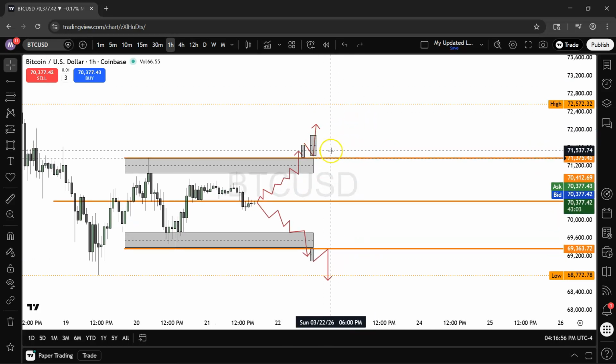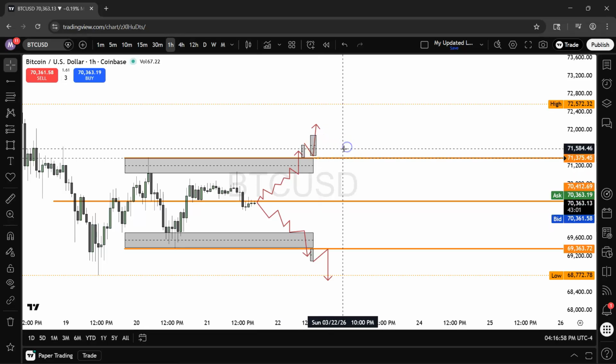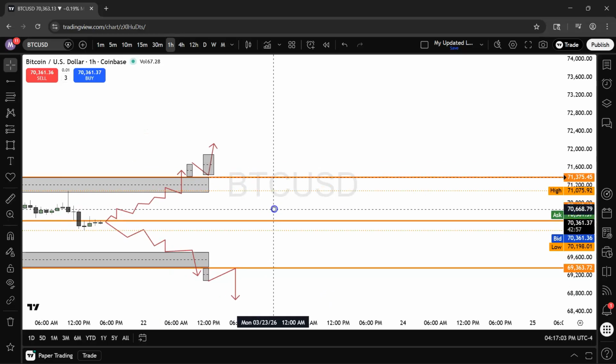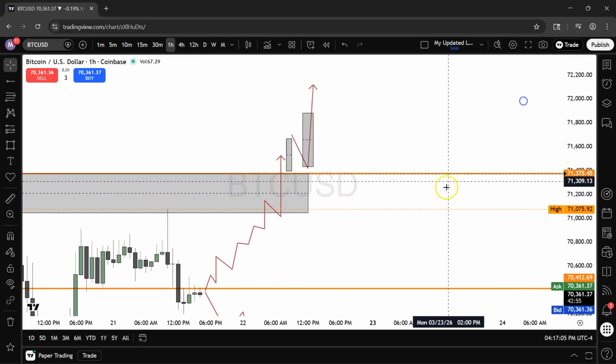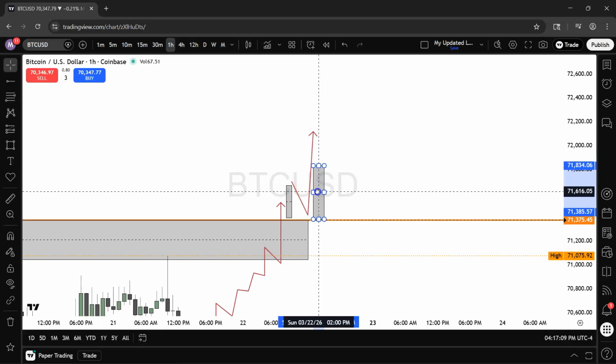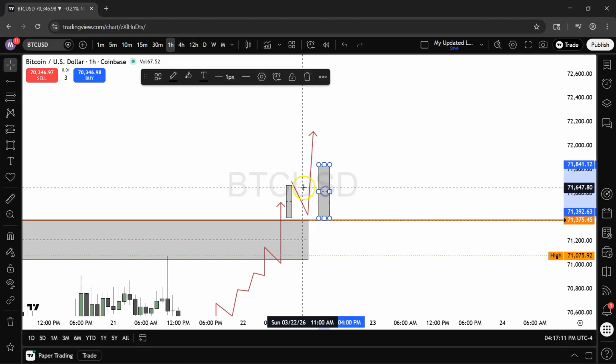Okay, so if after that pullback we get a candle that's bigger than the previous candle, it might get bigger because it's going to be a pullback, right?